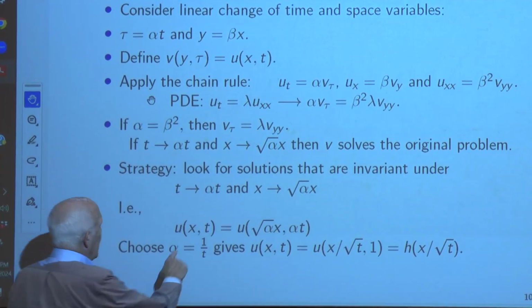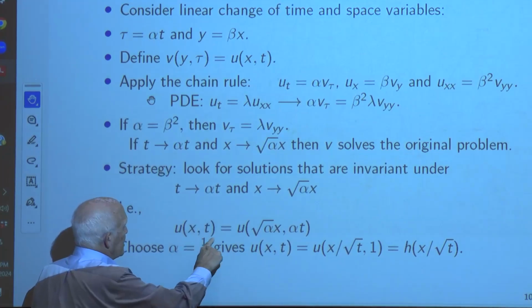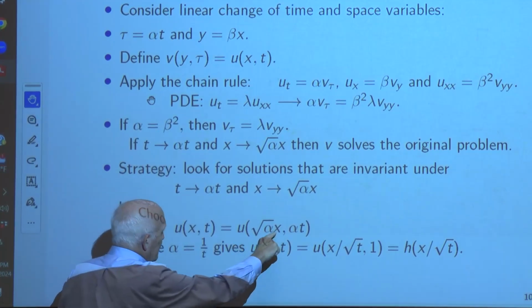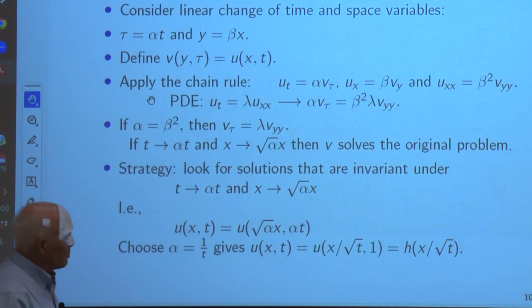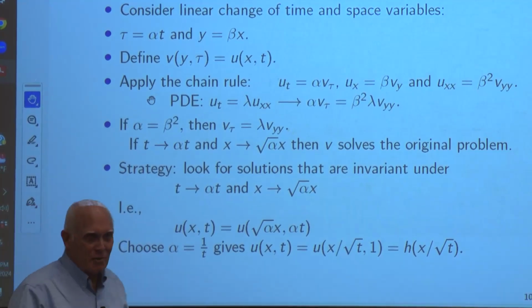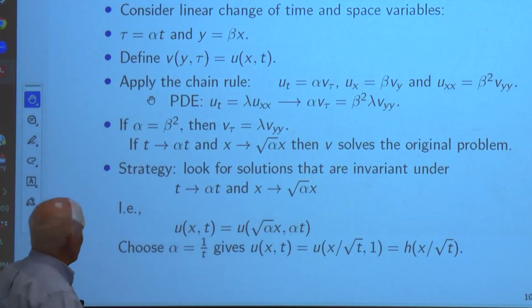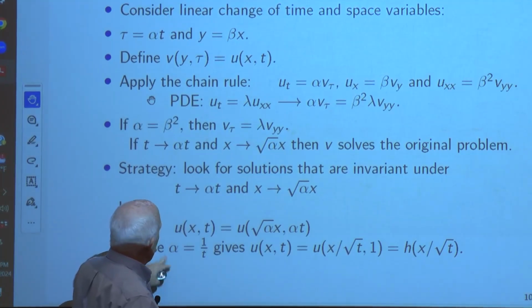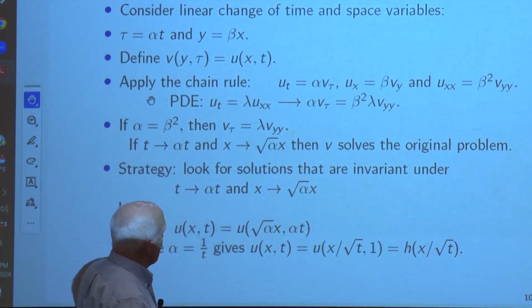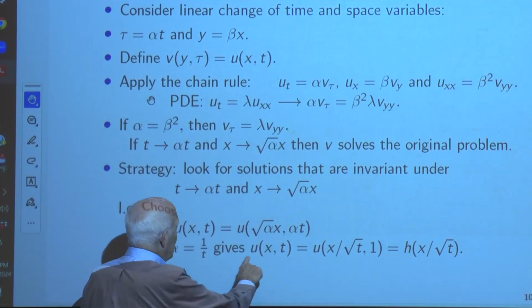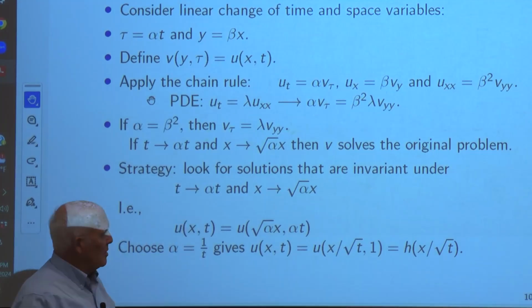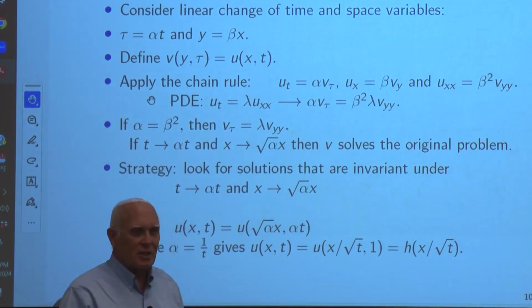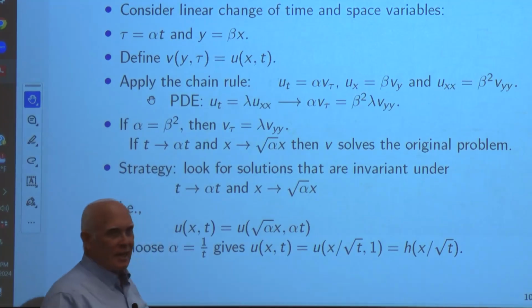So we must have that u of xt is equal to u of root alpha x and alpha t if we consider this particular transformation. Now, with the choice of alpha and beta, those are arbitrary, we can choose alpha equal to 1 over t, and then that means our u of xt is equal to u of x over root t and 1, which is a function just of x over root t.